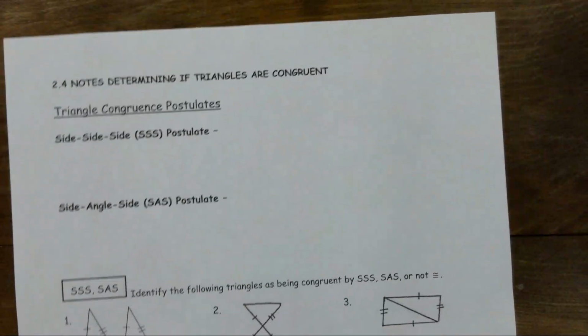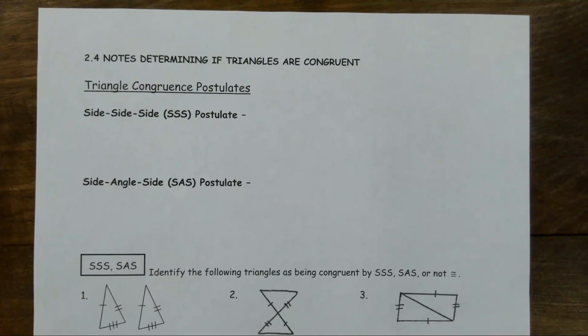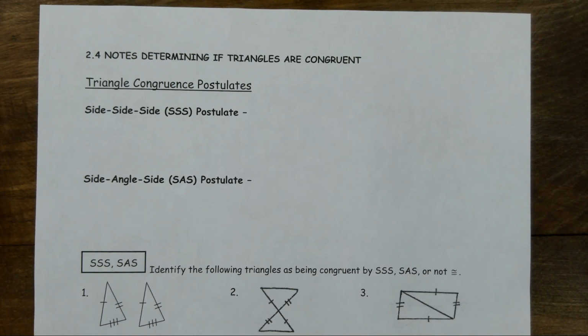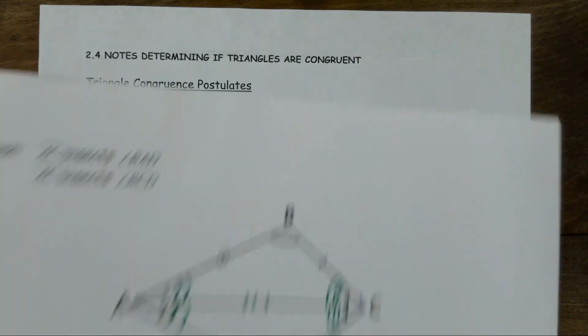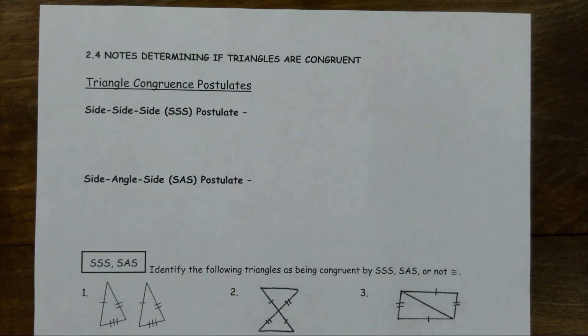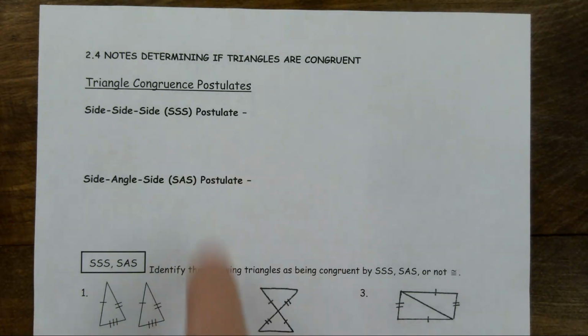So up until this point, we have been given enough information that allows us to complete the triangle, that we could fill in all of the pieces. But the fact is that we don't need to fill in or need to know all of the pieces to show that two triangles are actually congruent. In fact, we have a couple of postulates out here.